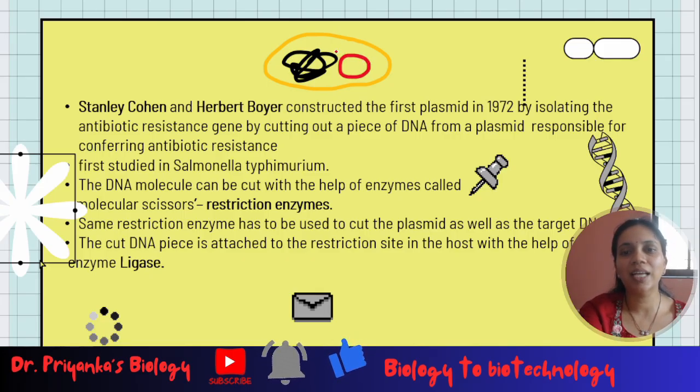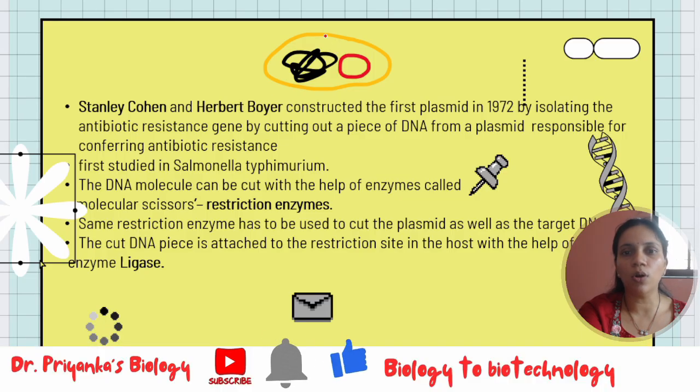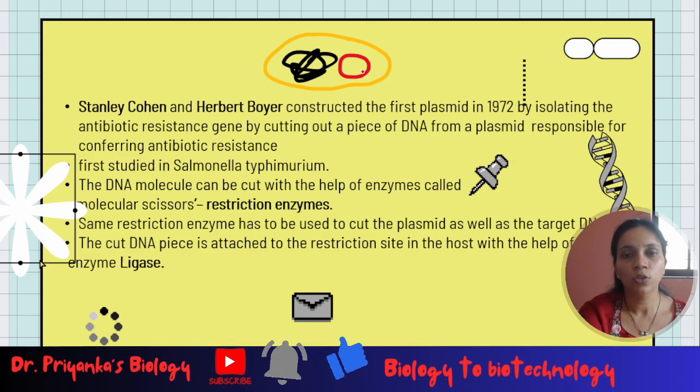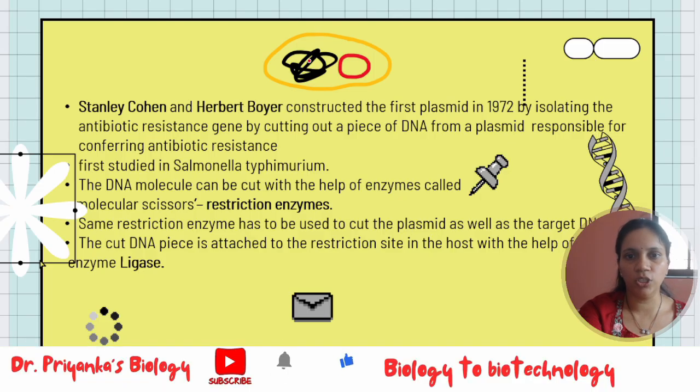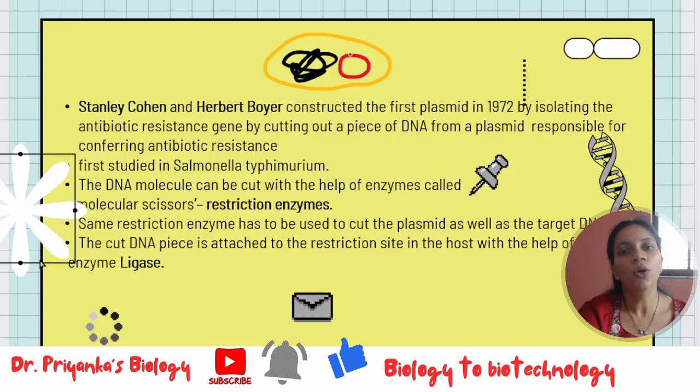So it is called extra chromosomal. It is not a part of the chromosome of your bacterium. It is the extra chromosomal DNA which is capable of self-replication. We know that your genetic material undergoes replication, right? Your plasmid will have its own machinery to self-replicate. So this is what is called your plasmid.